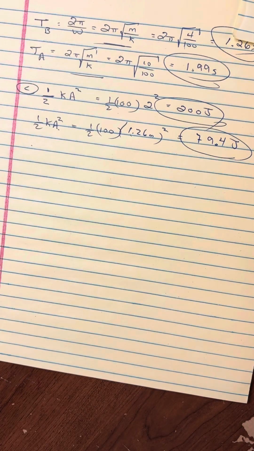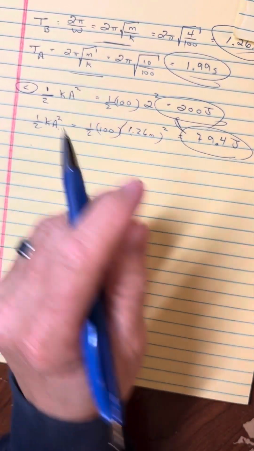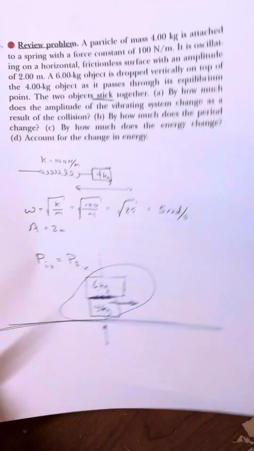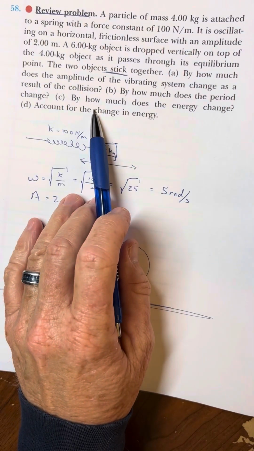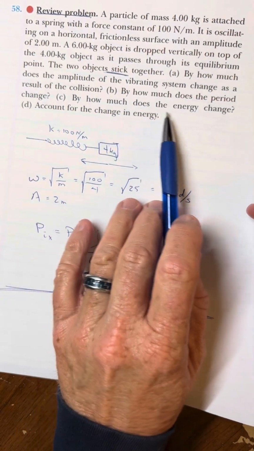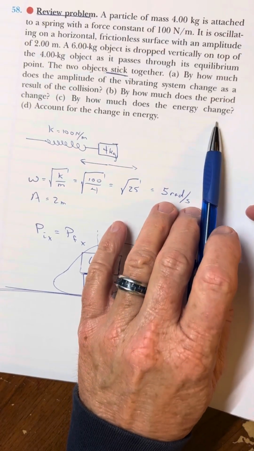So this collision, this impact, we lost more than half of the mechanical energy. The difference between them must be the rubbing and the heat that got created. And so I think that's what they want to say here. How much does the energy change by?